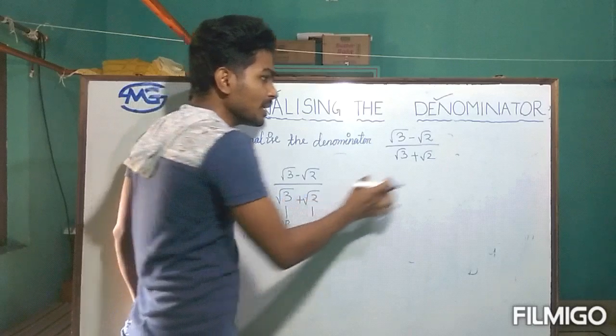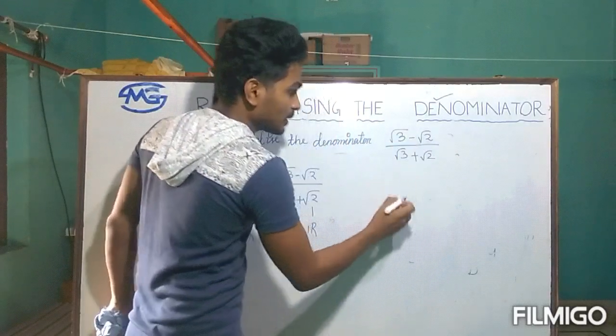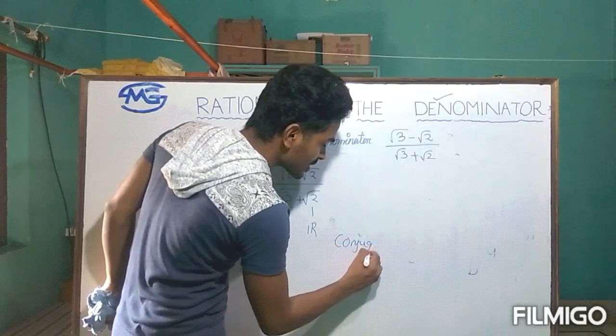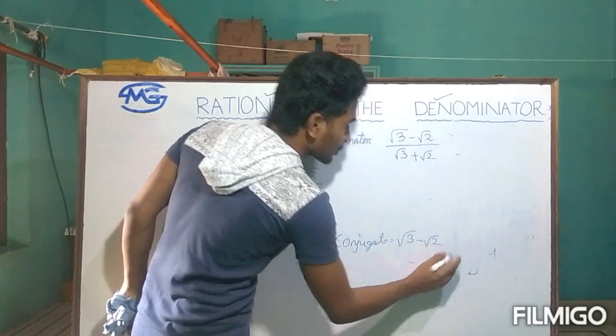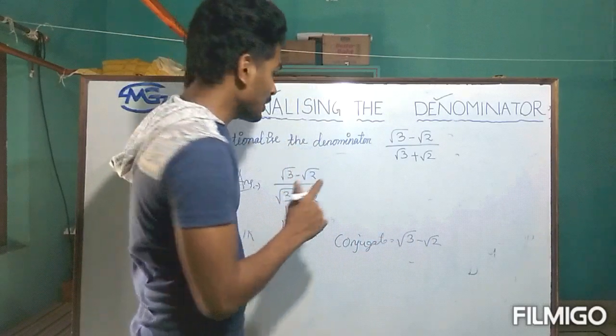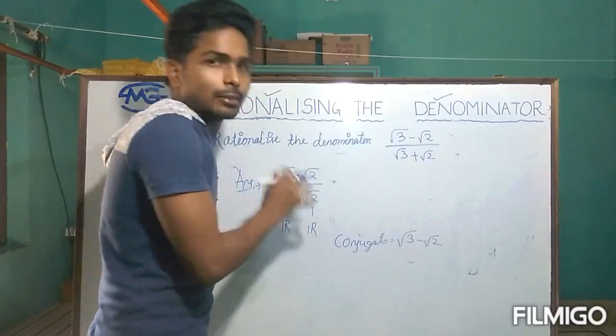So what will we do here? Since it has two terms, we have to find its conjugate. The conjugate of root 3 plus root 2 is root 3 minus root 2, by changing the sign between the two terms. Then the second task is to multiply this root 3 minus root 2 with the denominator.